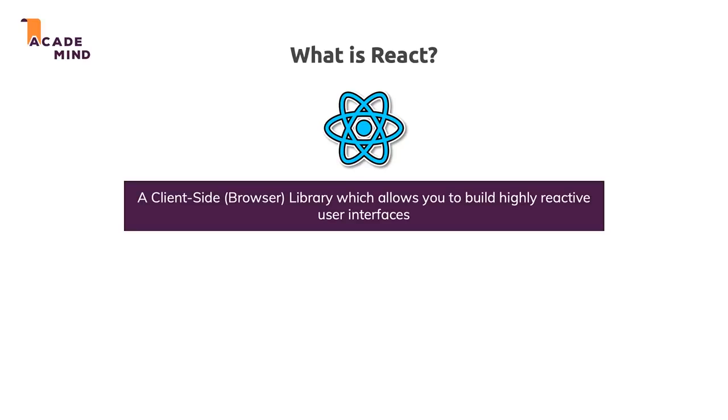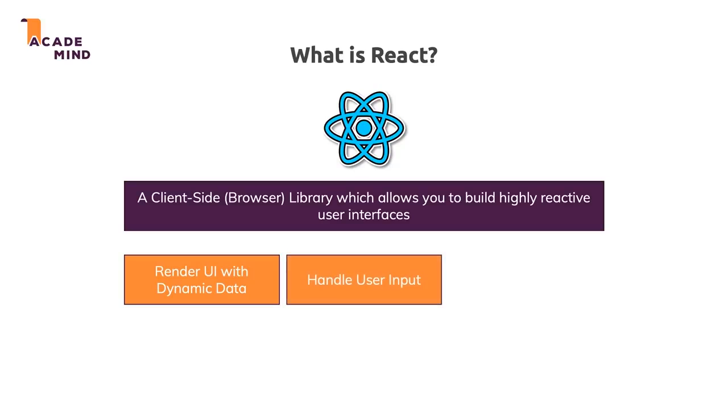And since it runs there, it is responsible for controlling what the user sees on the screen and how things there change when a button is clicked, when something is entered into an input box. It's really all about that. It's about rendering a user interface with dynamic data and about updating it when data changes or when certain events occur. It's about handling user input and providing feedback to the user.